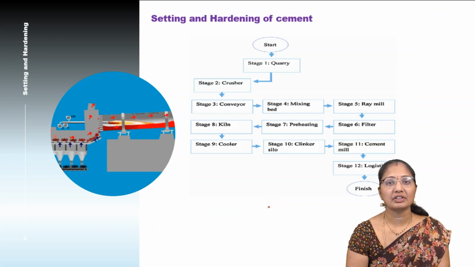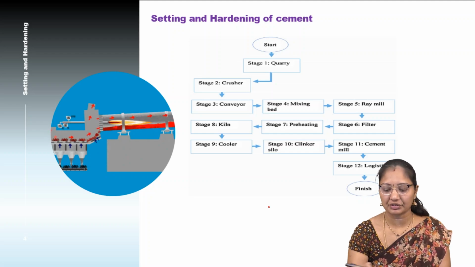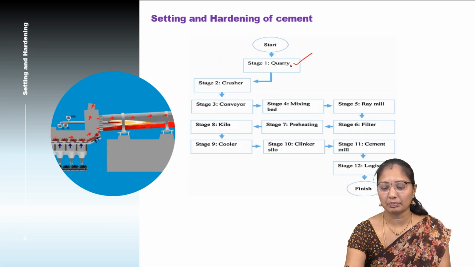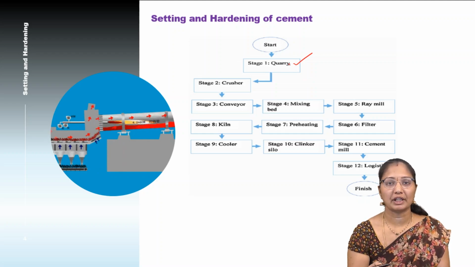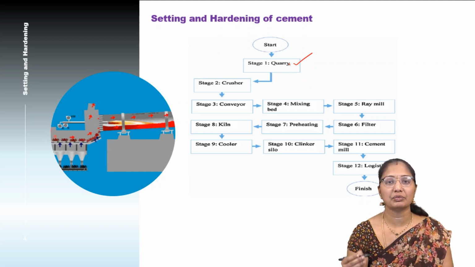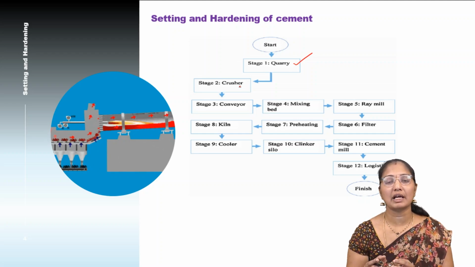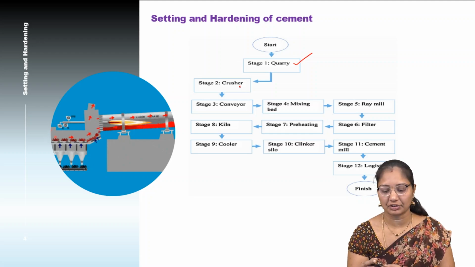Coming to the process involved in cement manufacture, first, explosives are used to collect the limestone from the quarries. They are transported into a crusher, where the larger lumps are converted into smaller pieces.